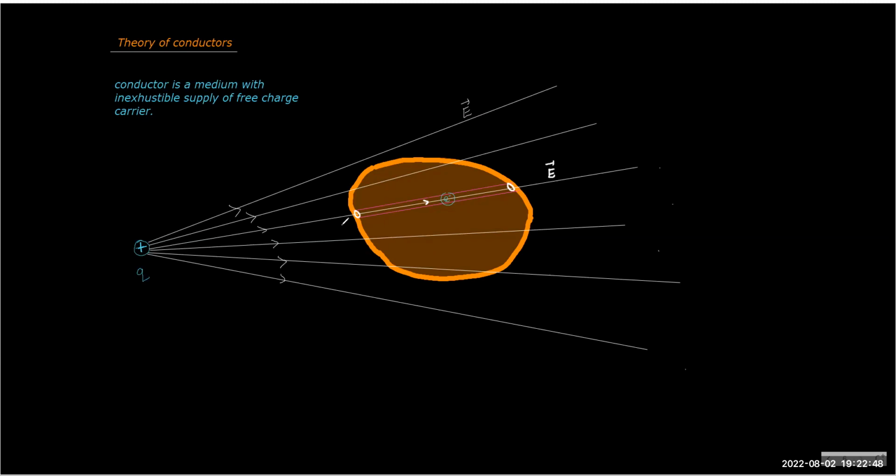It can go up to the surface, and that is the end of the world. I mean, it has to stop there. So this electron will eventually come to this surface and will stop. So we can say this end of the conductor will acquire some negative charge. Relatively, yes or no? Yes.